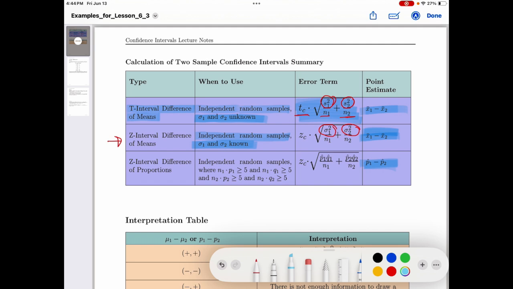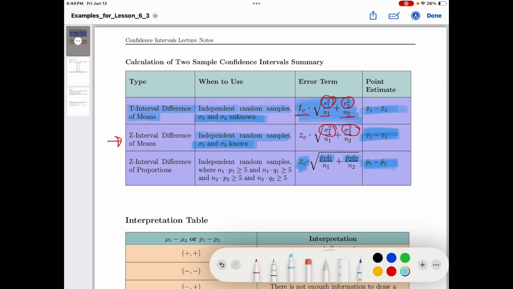Now, the third row is for a z-interval for the difference of proportions. So we're going to have a different formula, but because we're going to be estimating the binomial distribution with the normal distribution, we're still going to be using z critical for our critical value. Our formula is going to have p's and q's in it instead of sigmas because we're dealing with proportions.